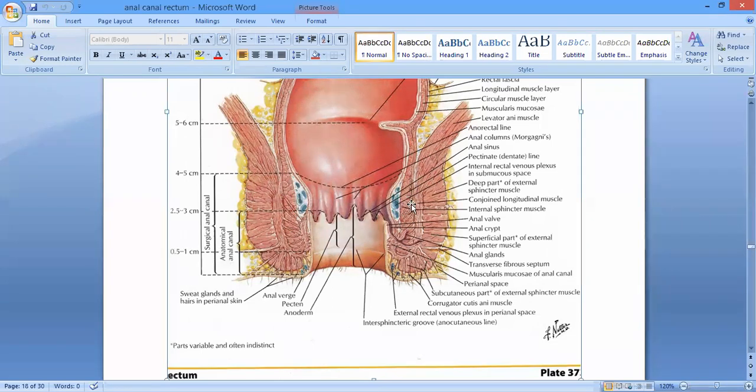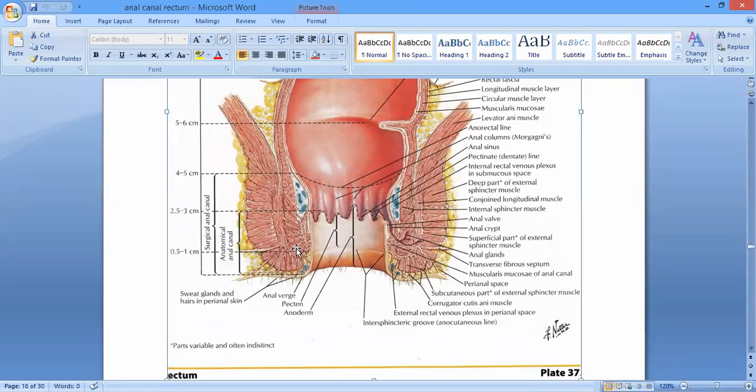These are thickened, and the thickening of these smooth muscles in this region forms the internal anal sphincter. The internal anal sphincter covers about the upper 3/4 of the anal canal. You can see this one. ठीक है, सारी length में ये smooth muscles नहीं होते, internal sphincter नहीं होता, right? So the internal sphincter, which consists of circular smooth muscles, occupies the upper 3/4 of the anal canal, right?